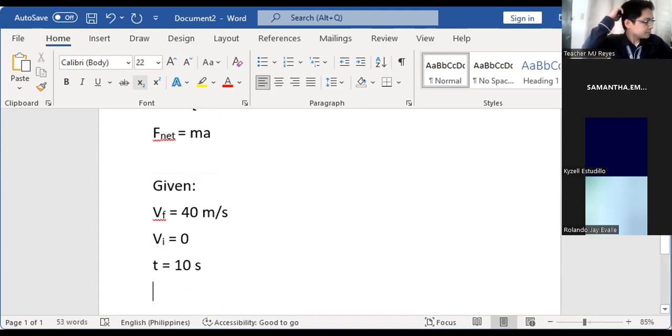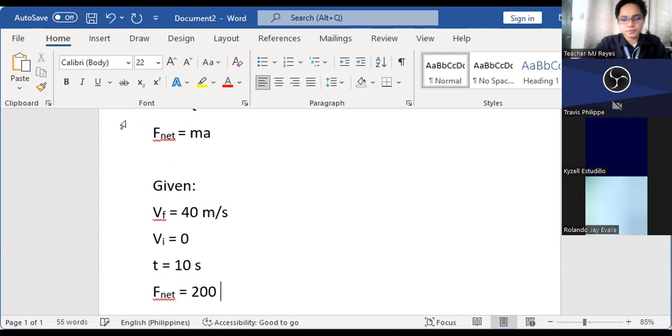Newton. That is your external net force, correct? Which is how many Newton? 200 Newton.